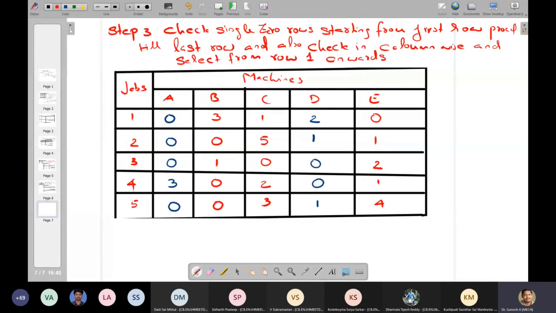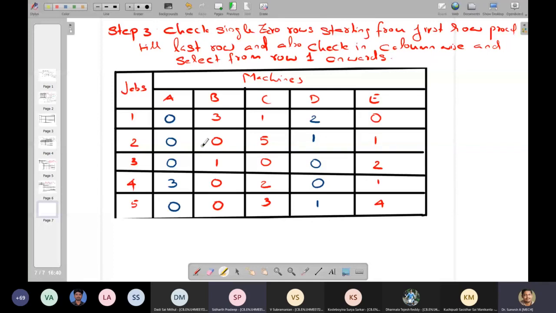Now is the first row single zero? No, sir. Second, is it single zero? No. Third?